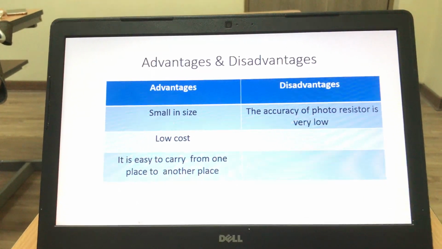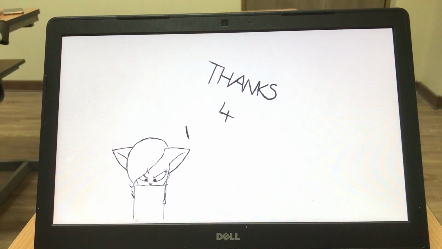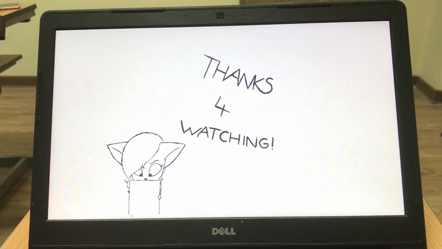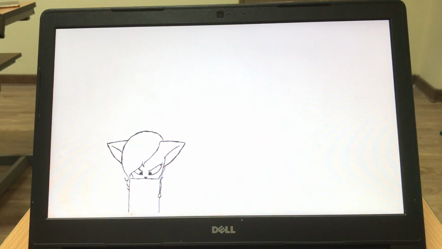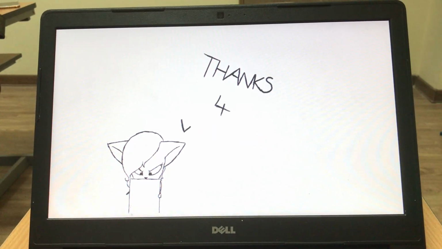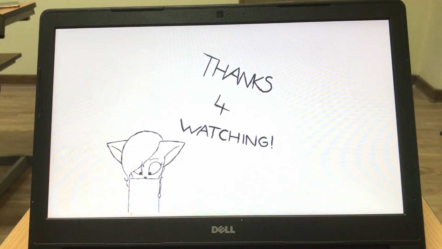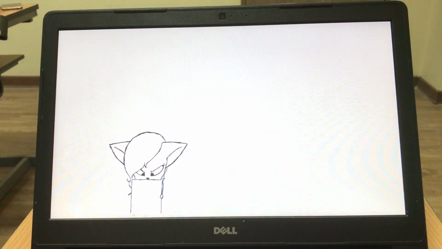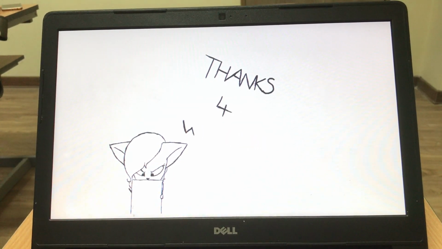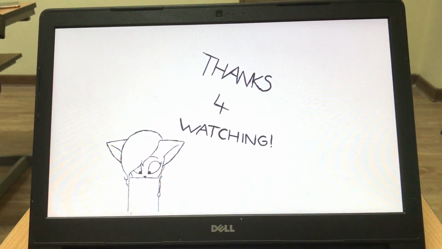After learning about the photoresistive sensor, we know much about it and we understand how a photoresistor works. There are many applications of photoresistors in real life.